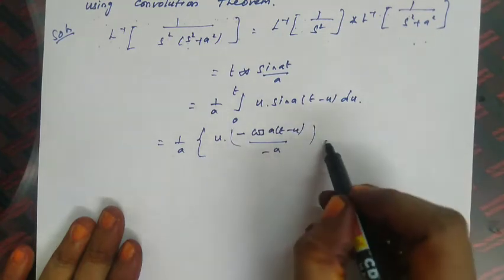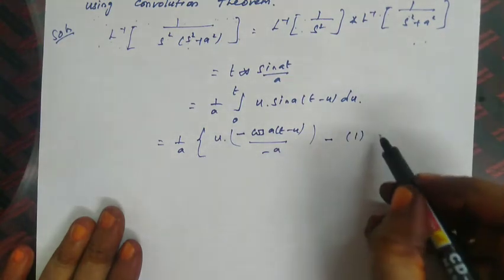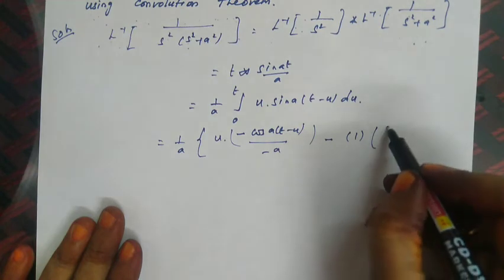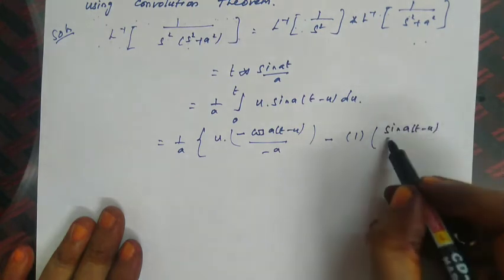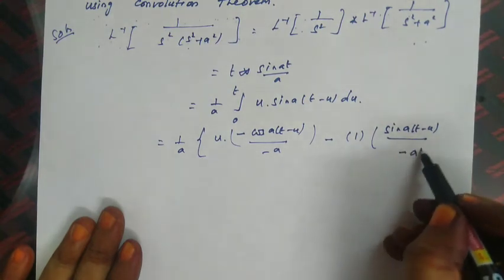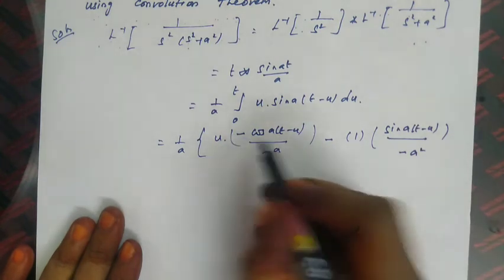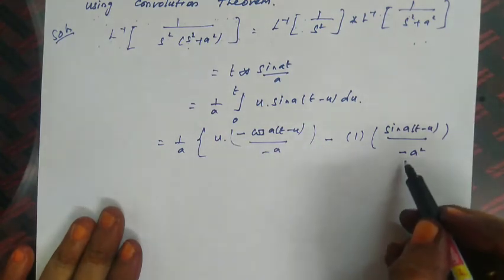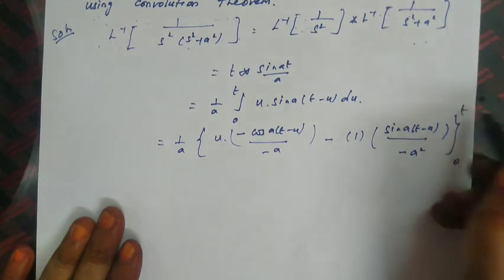And then minus differentiation of u is 1, again integration of cos is sin a into t minus u divided by what? Divided by minus a square, because already one a is there, this term will become as plus. That is the reason why here we are having minus. What is the limit? With the limit 0 to t.